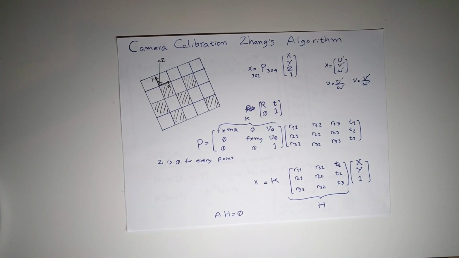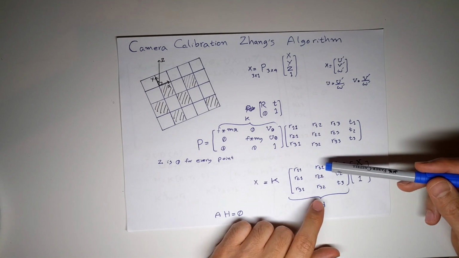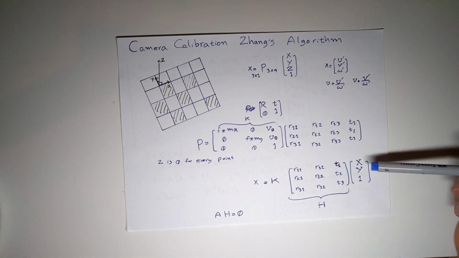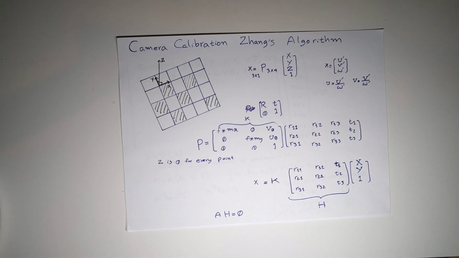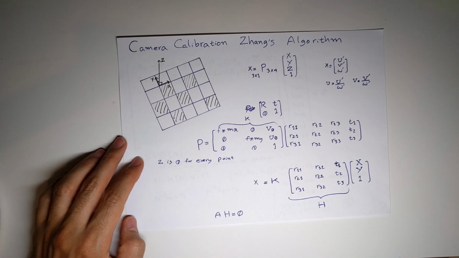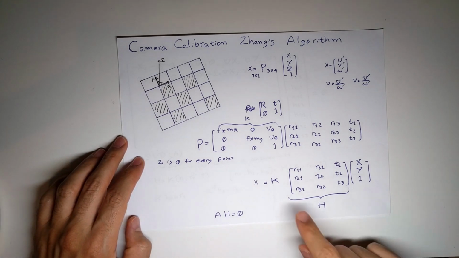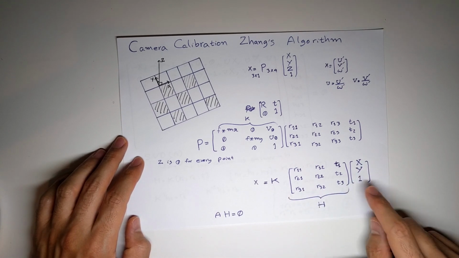And we get another matrix, R1, R2, and t. And here we have x and y, and we don't have z anymore because it's always 0. We can throw it away from our equations. So what we have to do is multiply this H by x, y and 1.